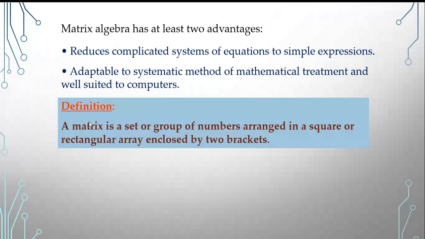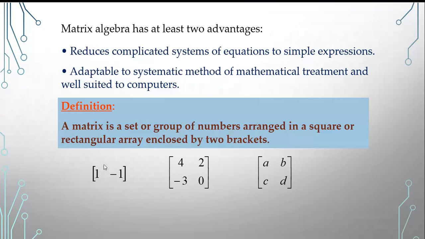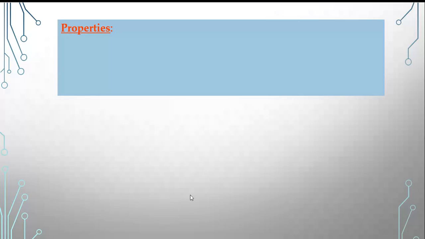A matrix is a group of numbers arranged in a square or rectangular array enclosed by two brackets, like here we use two brackets around the set of numbers, right? So if we enclose a set of numbers by two brackets, that is called a matrix.